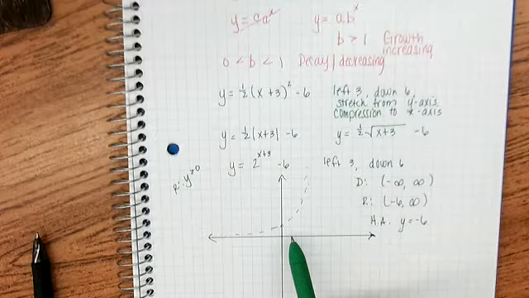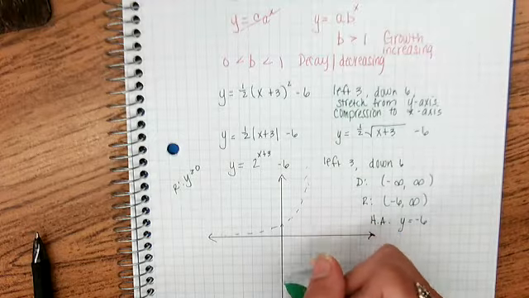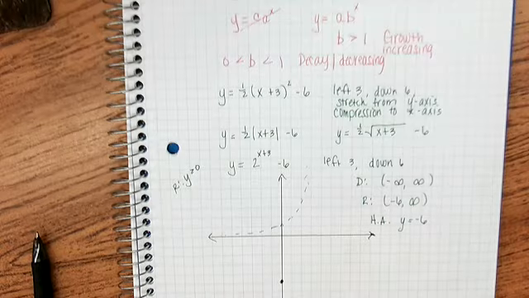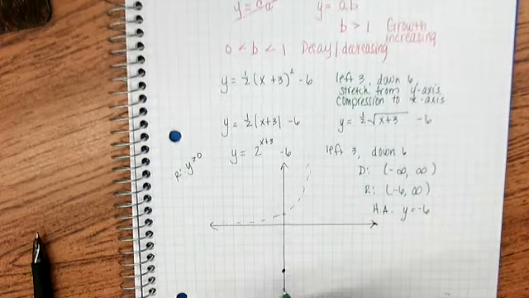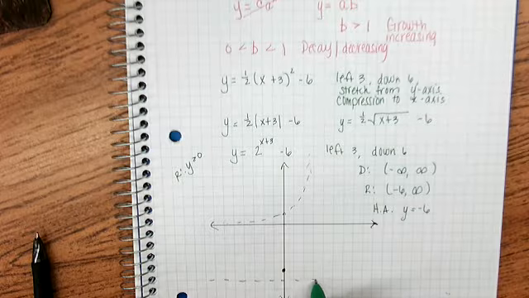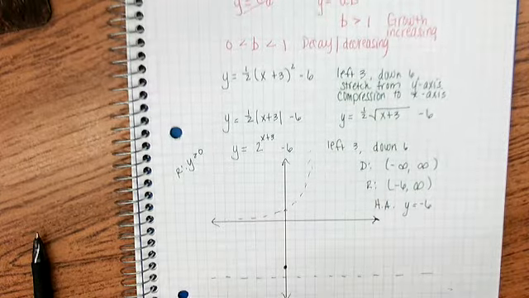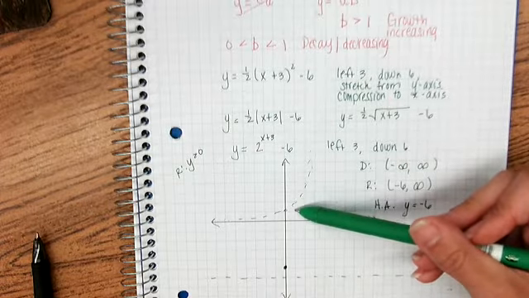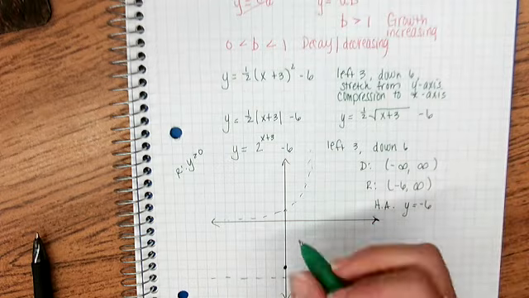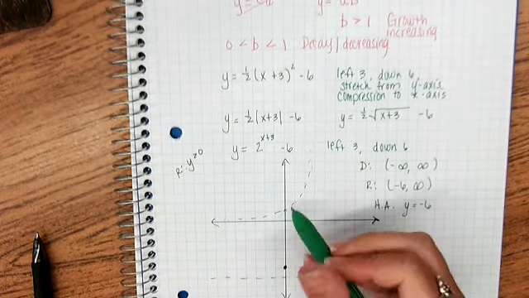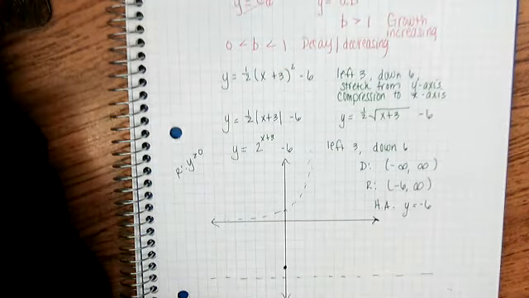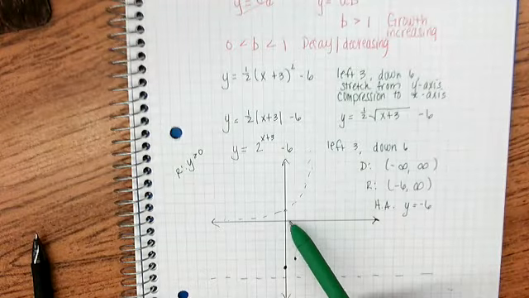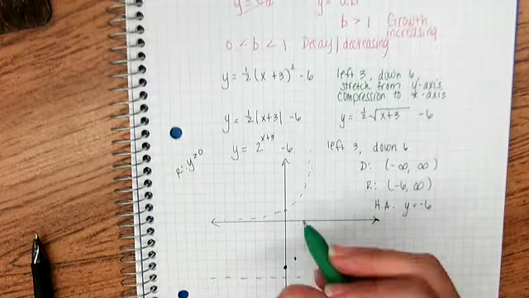So instead of going through 0, 1, it goes through 0, -5. The horizontal asymptote. I'm just going to take the point 1, 2. If I move that down 6, 1, 2, 3, 4, 5, 6. So that gives me the point 1, -4, I believe.